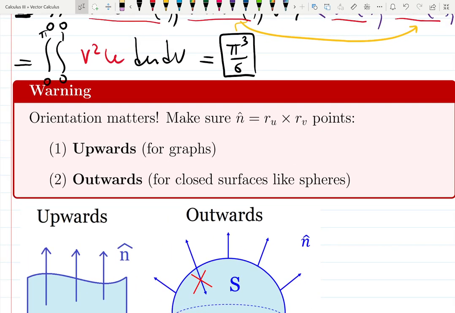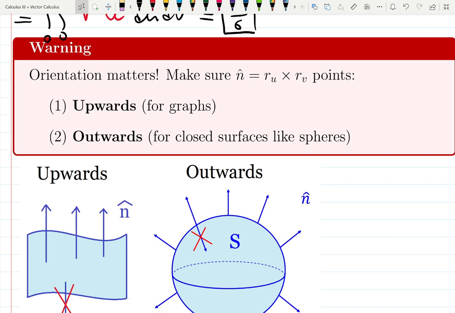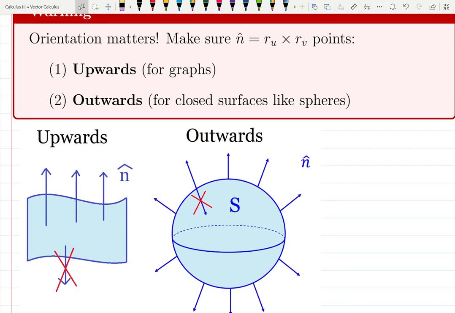An interesting point to say is that orientation matters. Make sure that n, the cross product, points upwards for graphs and outside for closed surfaces like spheres. People just agree on what n points to, and if you want the other direction, you use minus n.